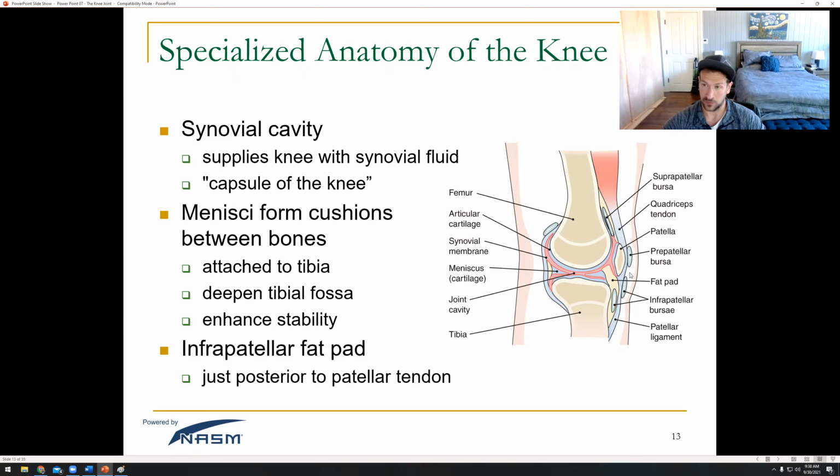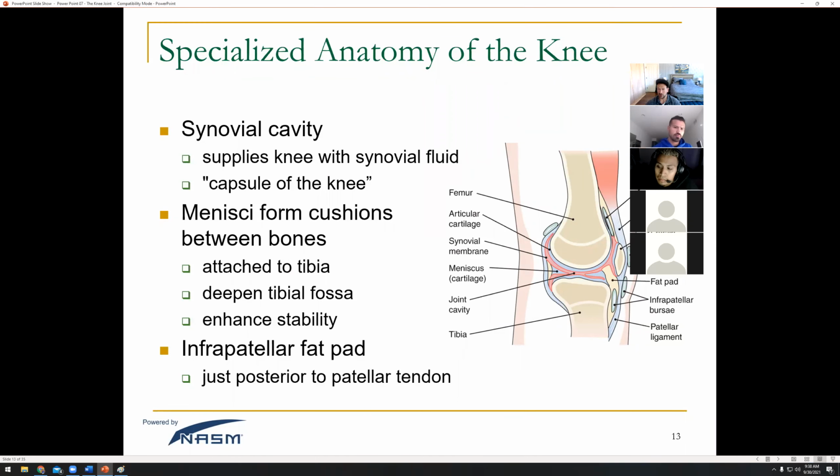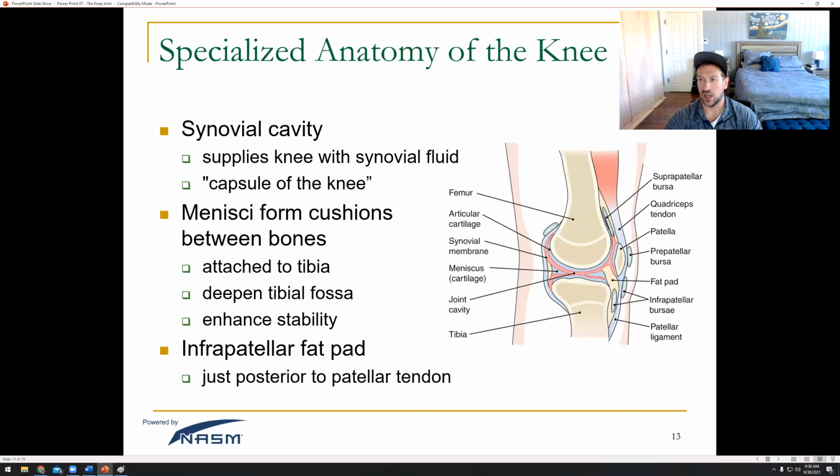Those are actually filled with fluid. Those are called your bursa. Think of them as liquid packing peanuts. They're in there to keep everything from experiencing too much impact, right? And so those are your bursa.